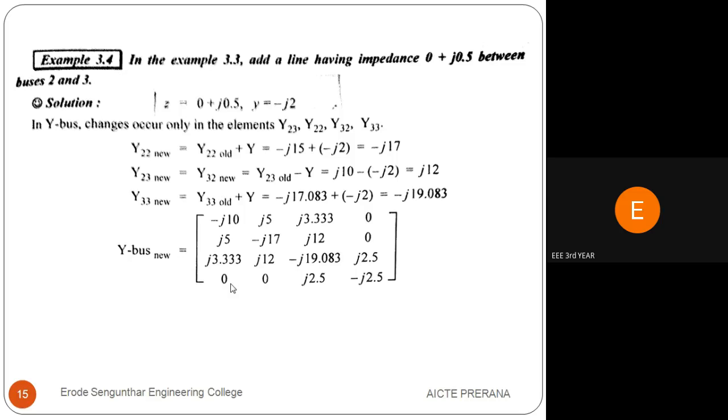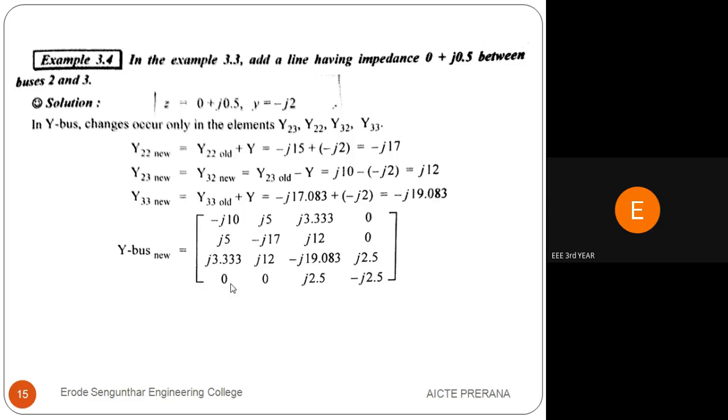The relation between the second bus and third bus is Y23 and Y32. I said already, Y22 is diagonal, Y33 is diagonal, whereas Y23 and Y32 are non-diagonal. So diagonal values should be added with the new value because we are adding the impedance.